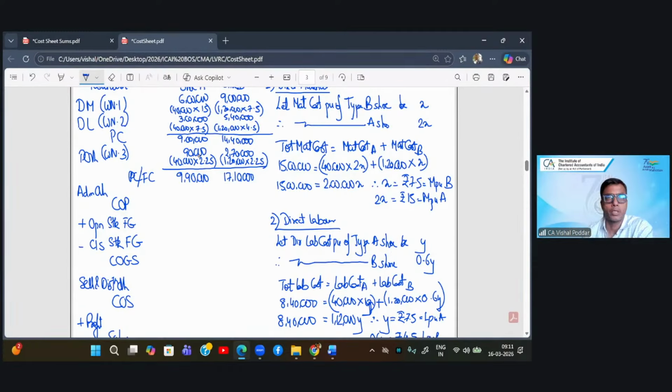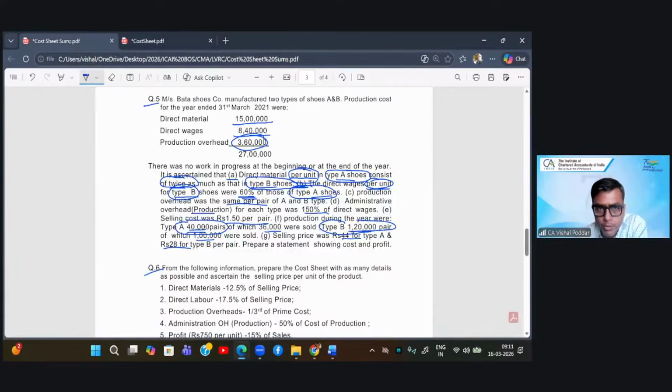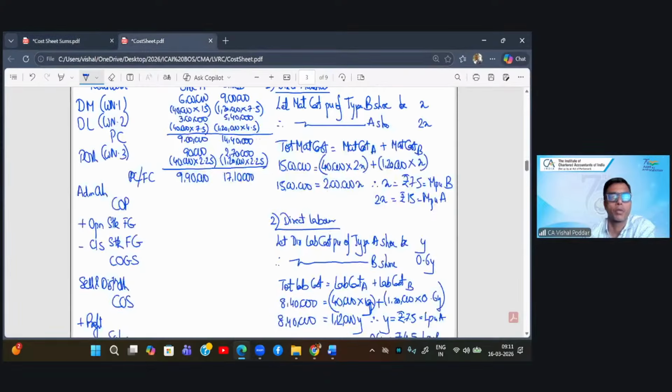Understood? Now, what was given for administration overheads? I think that was given ready-made. So, administration overheads is 150% of wages. So, direct labor into 150%. How much is direct labor here? 3 lakhs.